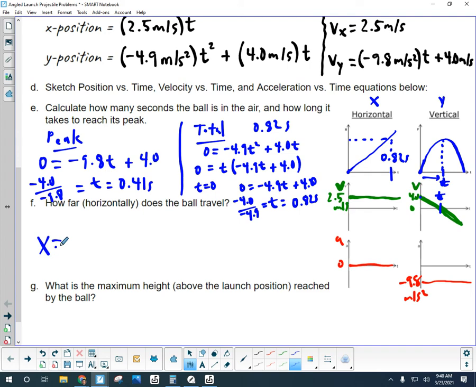And I want to take the full time, and I will put in the units here just to show that it works. The t that I want to use is the full 0.82 seconds. So that's going to be how far does it go in the x direction.